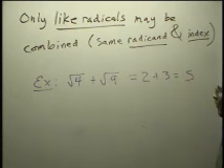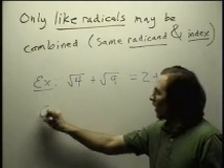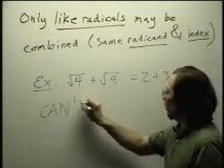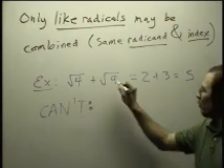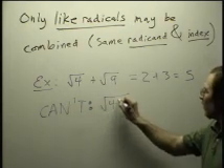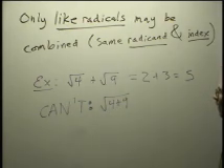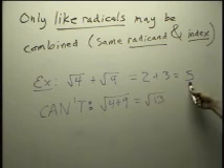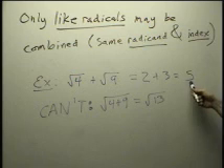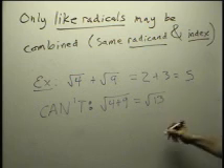So this should be 5. Okay? What we cannot do is add 4 plus 9. That gives us the square root of 13, which is definitely not 5, because 5 is the square root of 25. Okay?